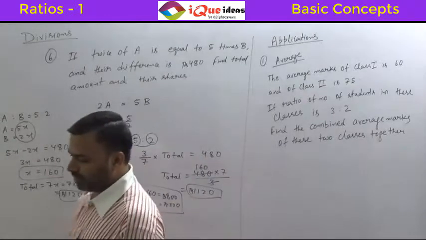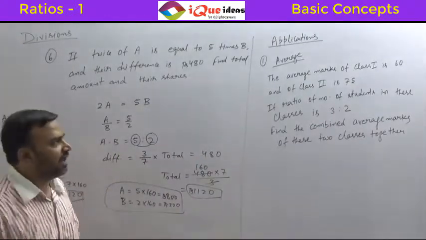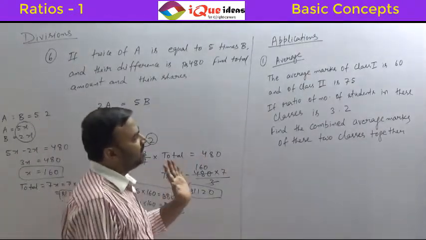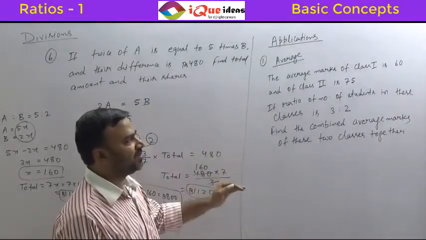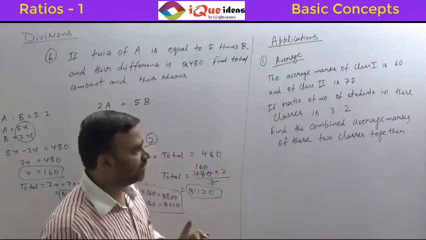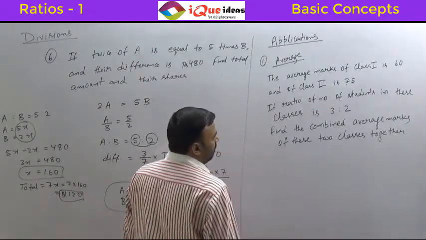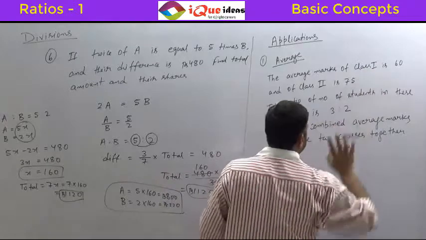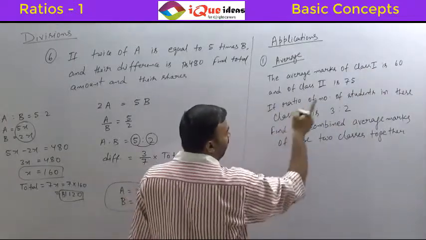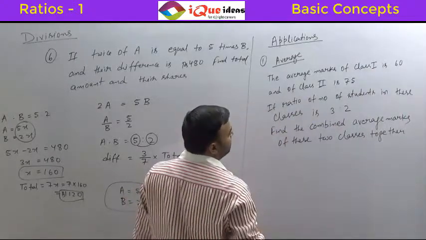So here another concept of average will be used. How would you calculate average? The total sum of marks divided by the total number of students will give you the average. Now we don't know the number of students. Average of class 1 is 60. See, how was that 60 calculated?